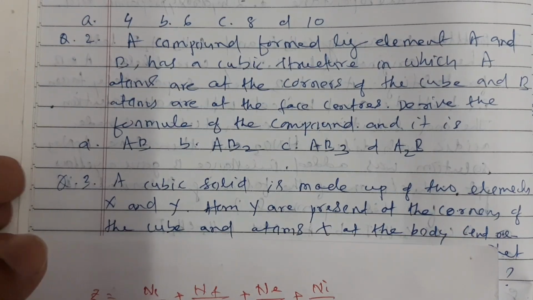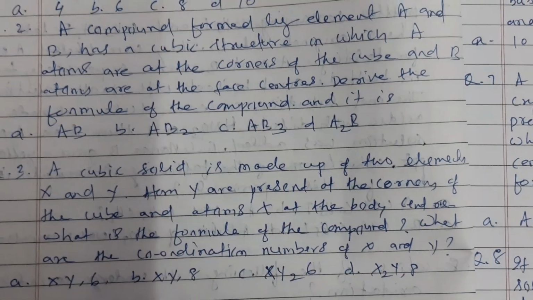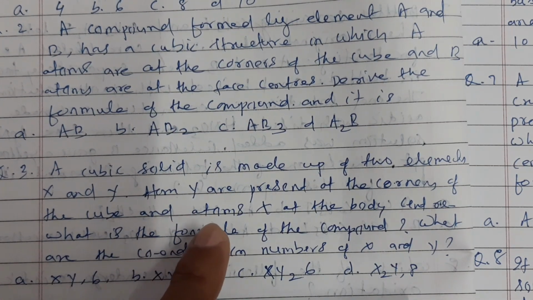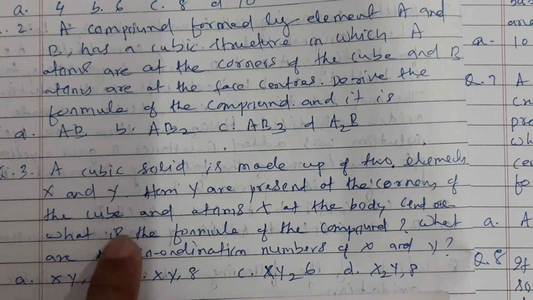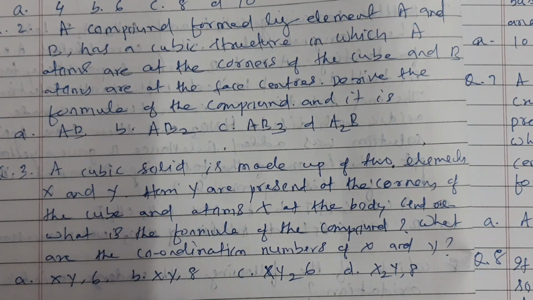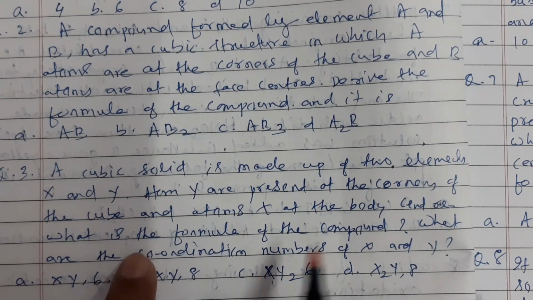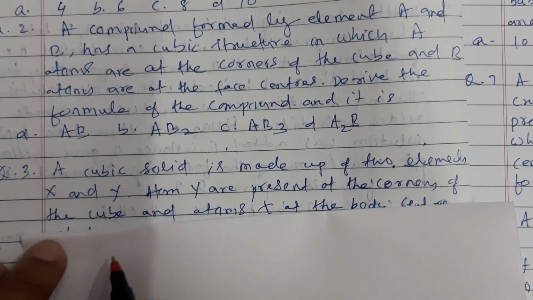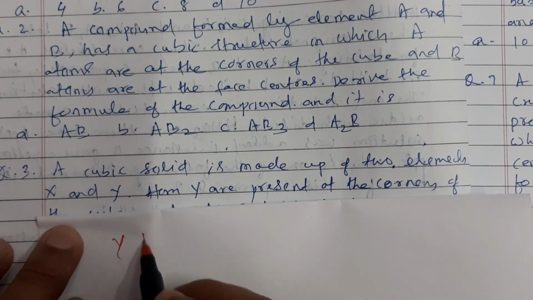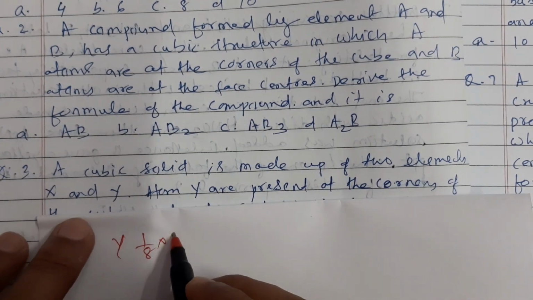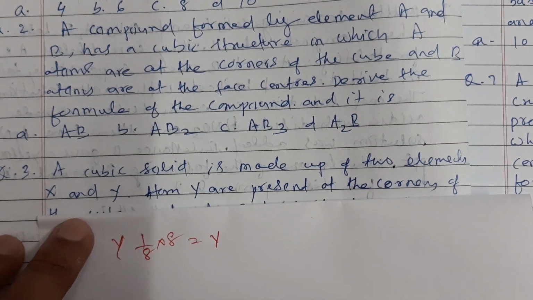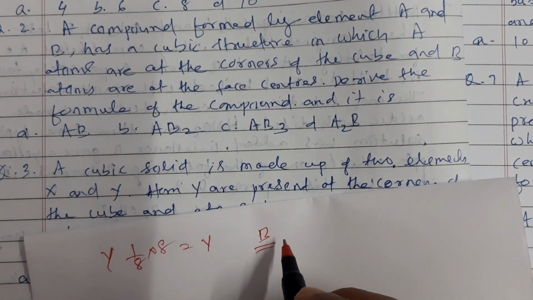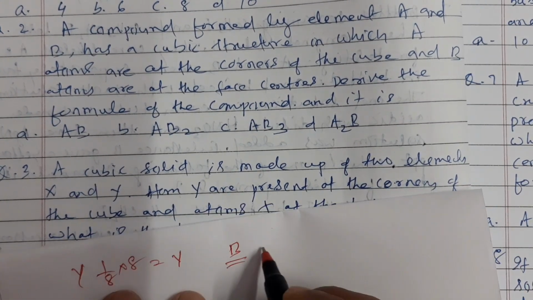Next, a cubic solid is made up of 2 elements, X and Y. Y atoms are present at the corners of the cube, and atoms X are at the body center. So Y is at the corner, and one corner is shared by 8 cubes, so you will get Y. Then the body center is inside the crystal, so X is present in the body.